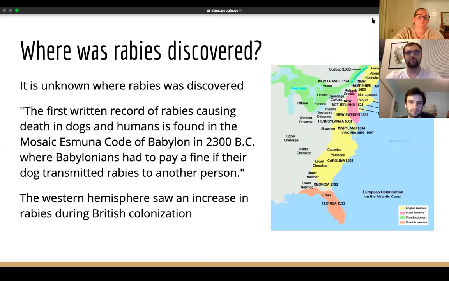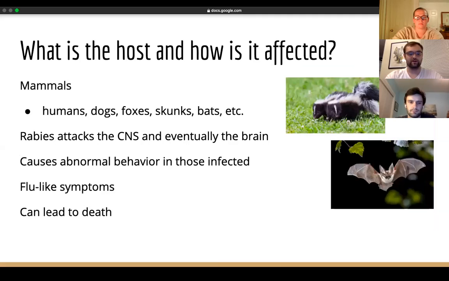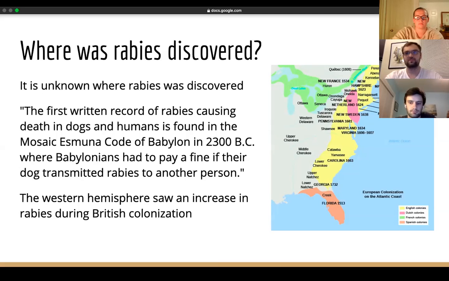However, during the British colonization of the Americas in the 1600s, the local Native American population would begin to notice increasing rabid behaviors among animals, and so would the British colonizers. So the Western Hemisphere then eventually saw an increase in rabies during that time. Up until 1885, there was no vaccine or any way to treat rabies until Louis Pasteur came along in 1885 and researched and designed a vaccine.